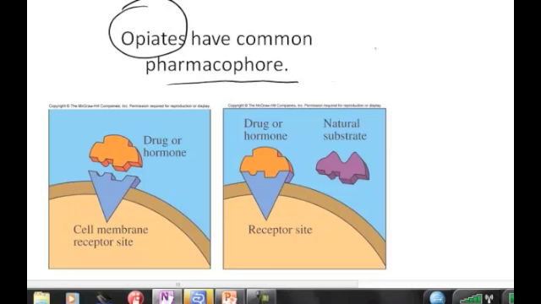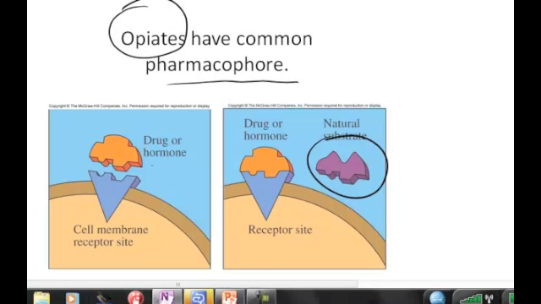If this were a nerve cell membrane with a receptor site on it, your natural substrate, say your neurotransmitter, would fit into this receptor site, which would then channel the message along that nerve to the next nerve, and so on.